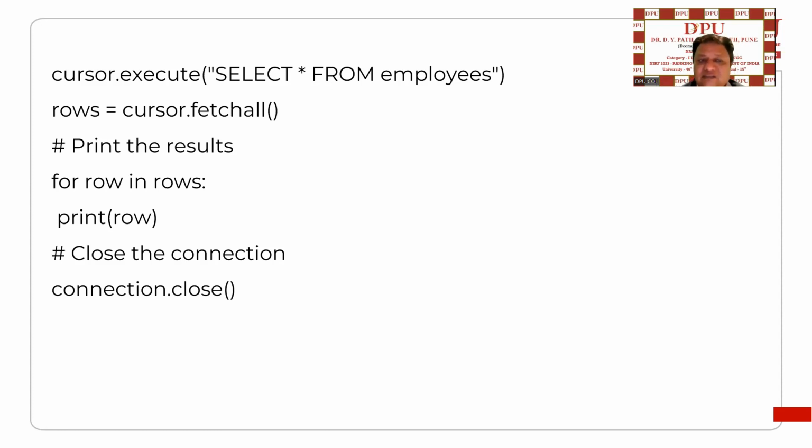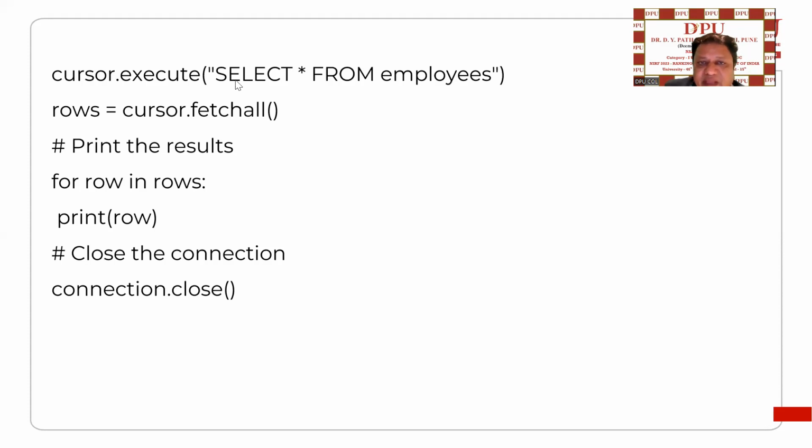So now from that cursor, I want to fetch the records into rows. The cursor has all the records from the table employees, but I need to show them. How to do that? You have to call cursor.fetchall. Fetchall will fetch the records from the cursor.